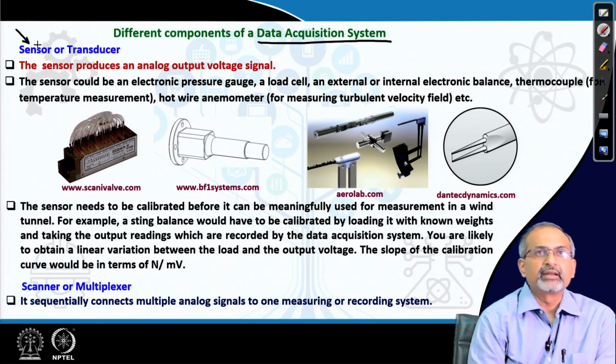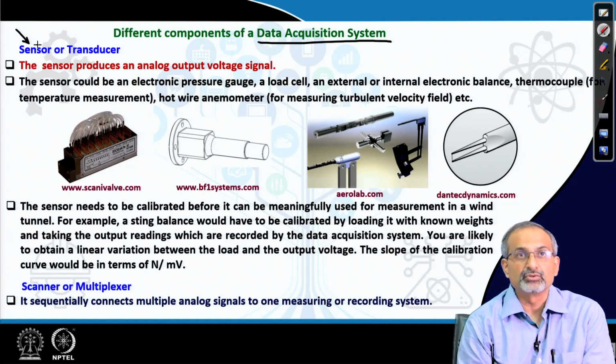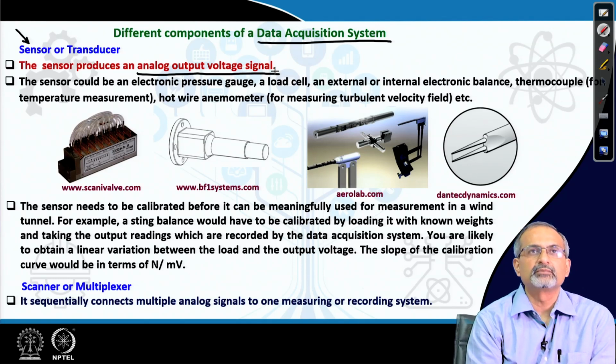A very important and integral part of this whole setup would be the sensor or transducer from which the signal is produced. We are talking about an analog output voltage signal produced by the sensor or transducer or the gauge.